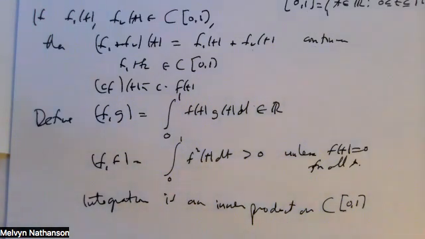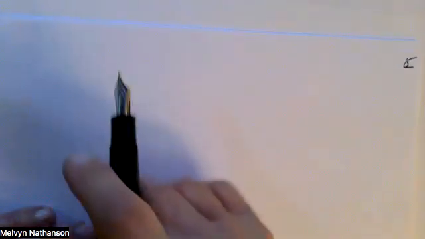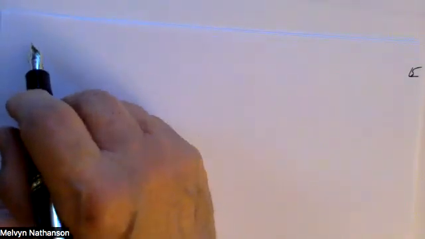So this is just a nice example to make it clear that the inner product of vectors in Rn is not the only inner product. When we have an inner product on a vector space, we can do some geometry and we can define the length of a vector.